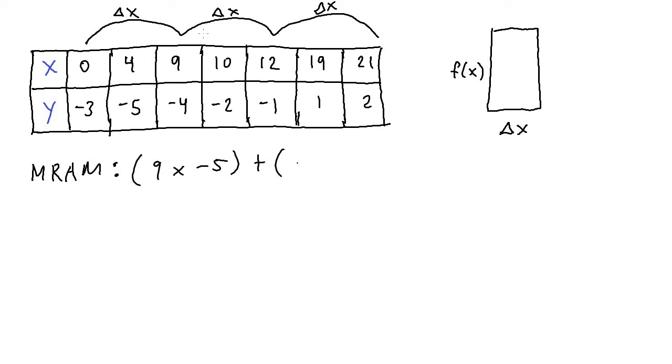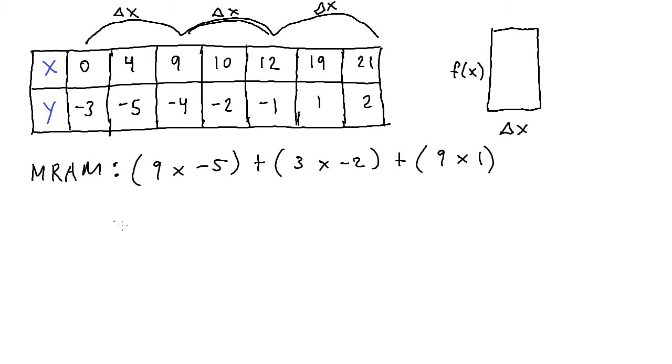Plus our next delta x, from 9 to 12, so our delta x is 3, times our midpoint y value, which is negative 2. Now plus our final delta x, from 12 to 21, that's a delta x of 9, times our midpoint y value between the sections that we skipped, and we get 1.